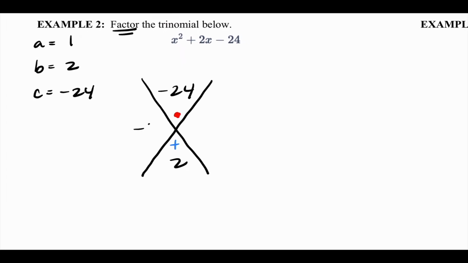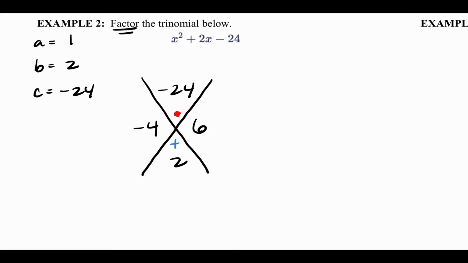There you go. -4 and +6. When I multiply those two guys, I get -24. But when I add them together, I get +2. That's, I don't want to say the hardest step, but it's the step that gives you probably the most pause. Okay? If you're kind of stuck there, make a list.